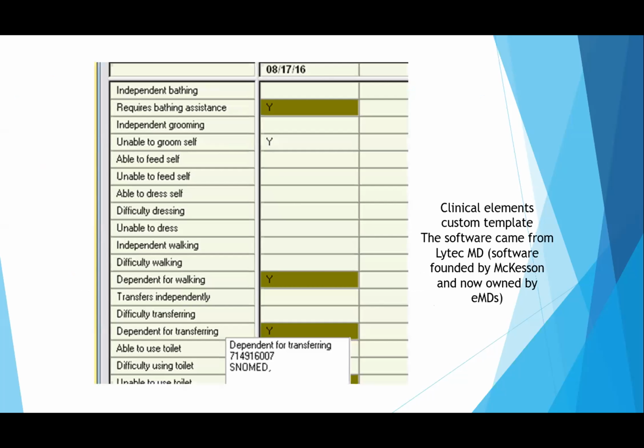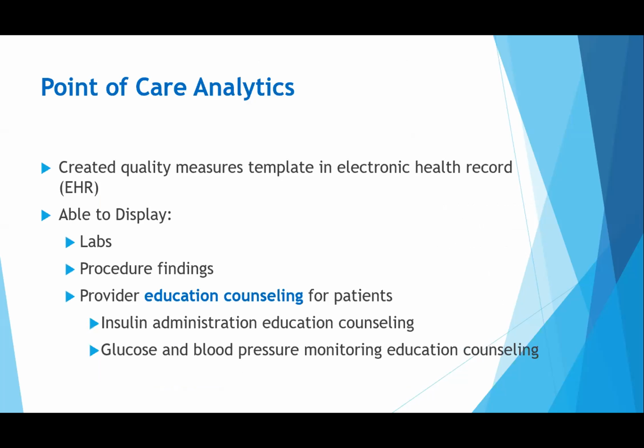And this slide kind of shows how I created the template. So looking at the individual items, having SNOMED CT in the background for data capture, and seeing what was the result. Was it normal or abnormal with the data service? So as a result of doing this, this was very helpful for us to have a point of care analytics view.